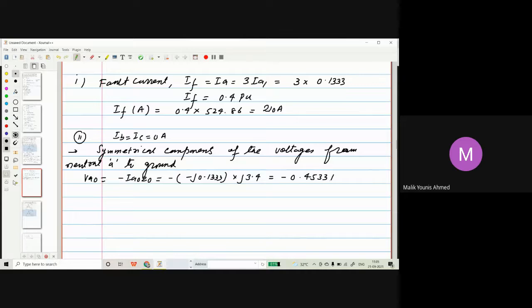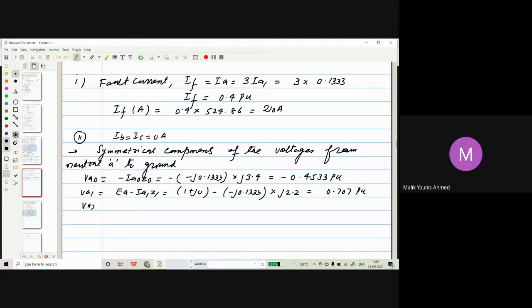0.4533 per unit. Similarly, VA1 will have a voltage source EA minus IA1Z1. EA is 1 at an angle of 0, and minus IA1, how much is it? It is the same because it's a line to ground fault. All the values of the currents will be the same, multiplied by Z1. Z1 value is given in the question, that is J2.2, and this value is 0.707 per unit.